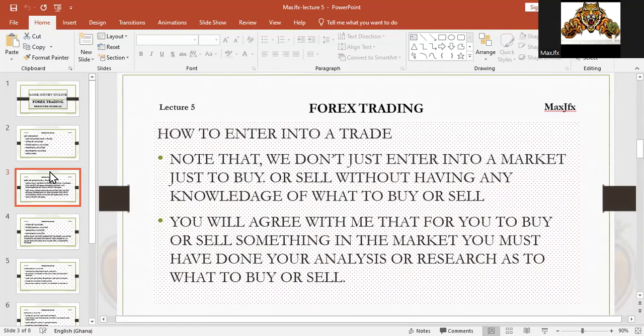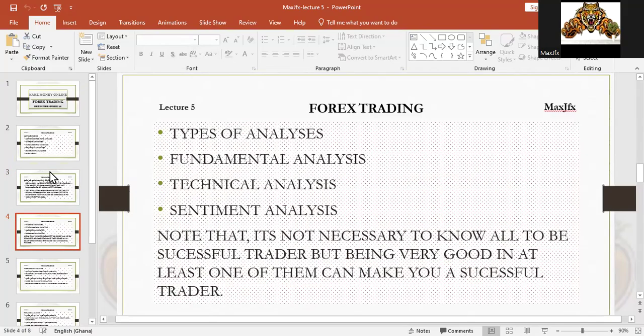All right. So the next point is the types of analysis. We have three main types of analysis: the fundamental analysis, the technical analysis, and the sentiment analysis.